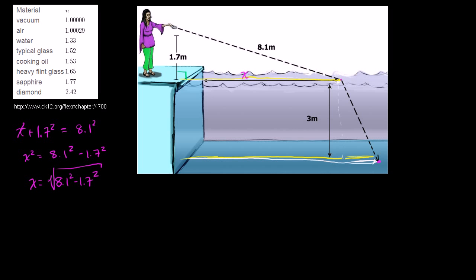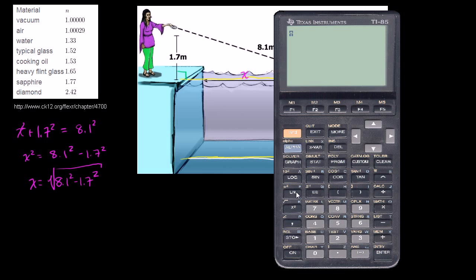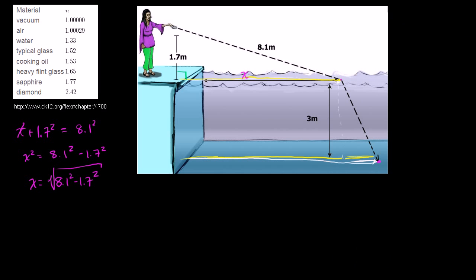So x is going to be equal to the square root of 8.1 squared minus 1.7 squared, and I get 7.92. So x is about 7.92, although we could save that number so we can get a more exact number.